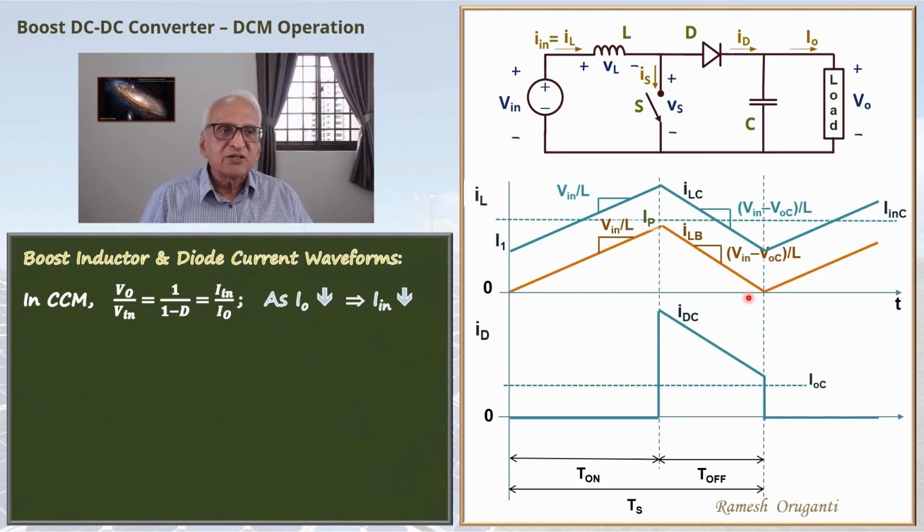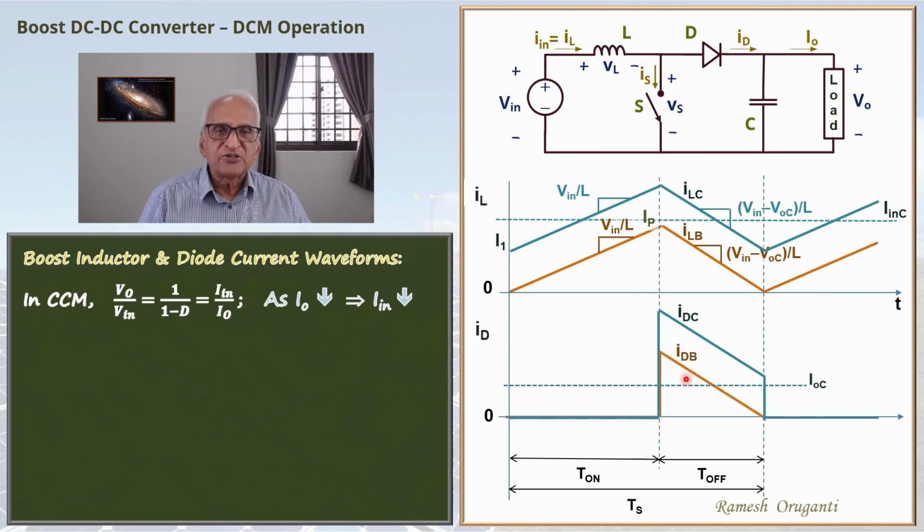Notice that I have marked the downward slope as V_in minus V_OC by L, V_OC because the output voltage is going to be the same both under boundary condition and under CCM operation. Again, this part of the inductor waveform forms the output diode current. I have plotted it here, I_DB.